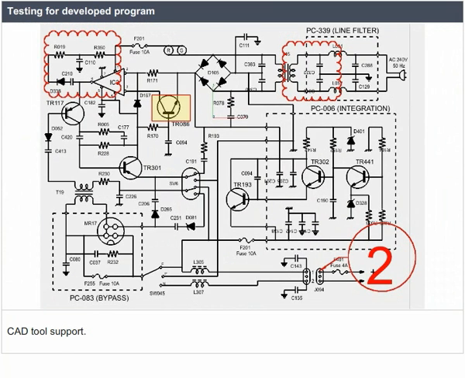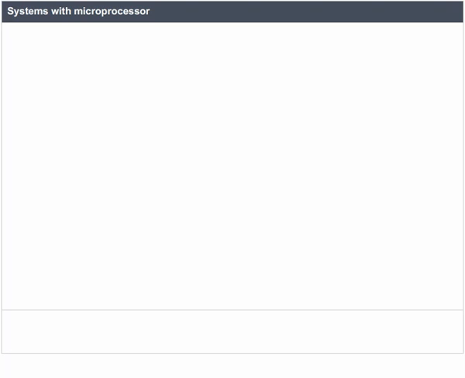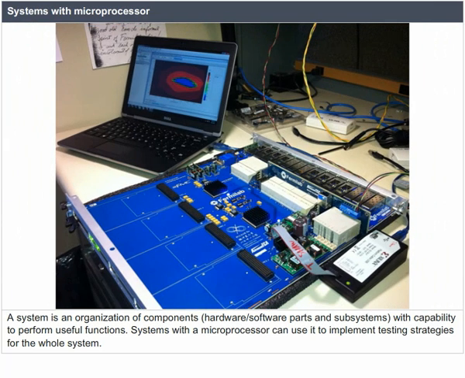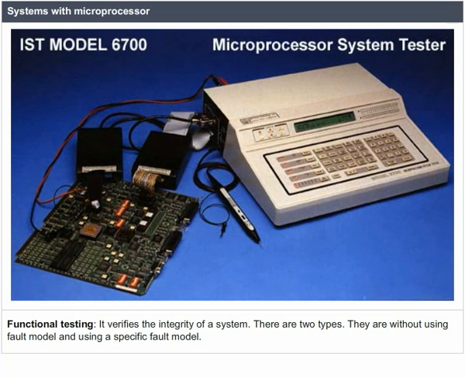A system is an organization of components, hardware and software parts, and subsystems with the capability to perform useful functions. Systems with a microprocessor can use it to implement testing strategies for the whole system. Functional testing verifies the integrity of a system. There are two types: without using a fault model and using a specific fault model.